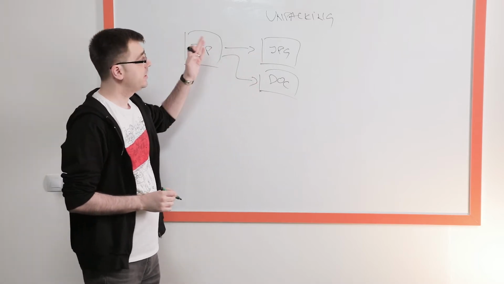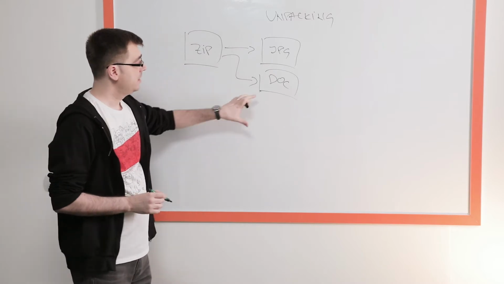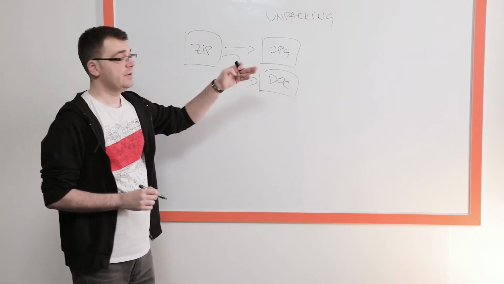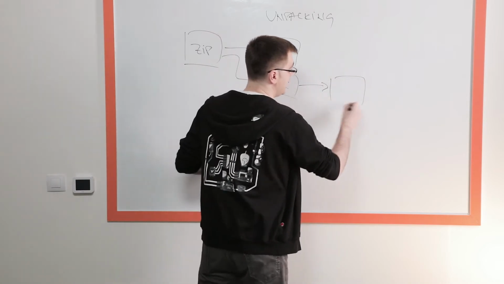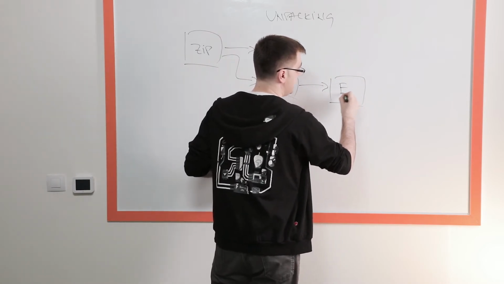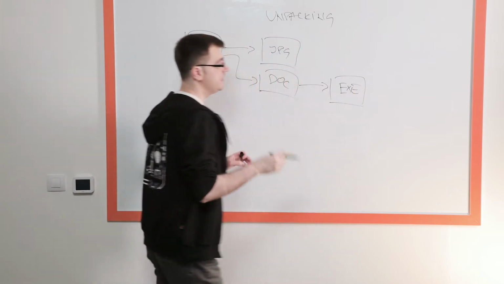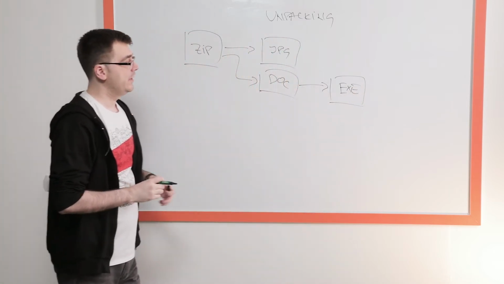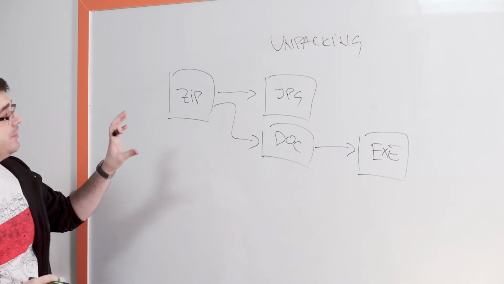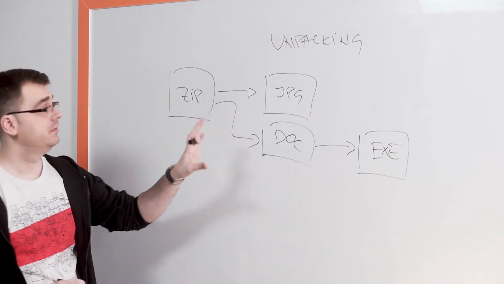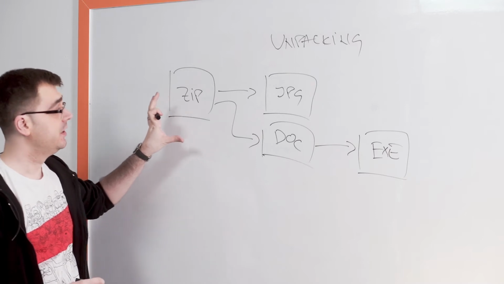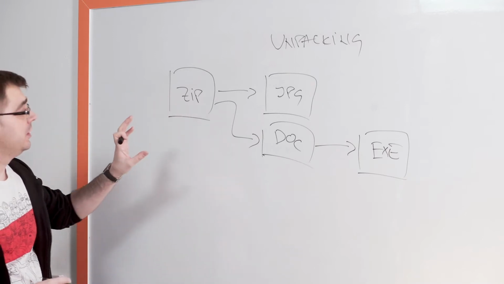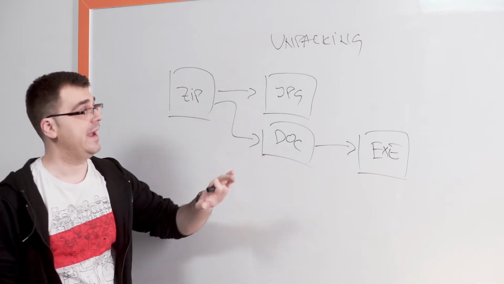But since we do recursive analysis and recursive unpacking, these documents can also have additional files embedded within them as well. So from that document, let's say we got an executable file, right? Which is a Windows format, which is actual code. To be able to classify and say, well, this archive is malicious or not, you really have to go and analyze every single layer of packing, right?